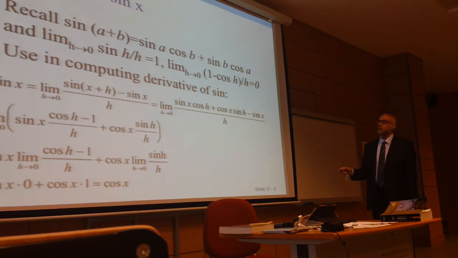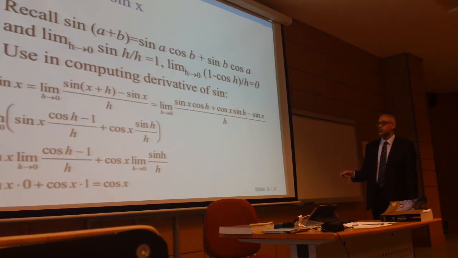Now, put sine of x plus h minus sine x over h, which is equal to, using this identity, minus sine x, which is sine x times cosine h minus 1 over h, plus cosine x times sine h over h.